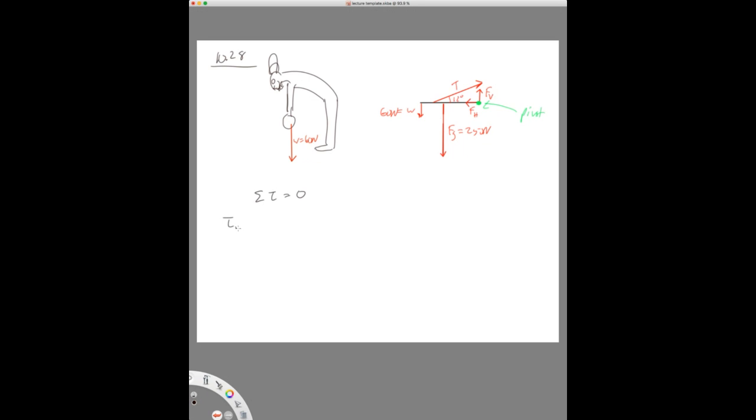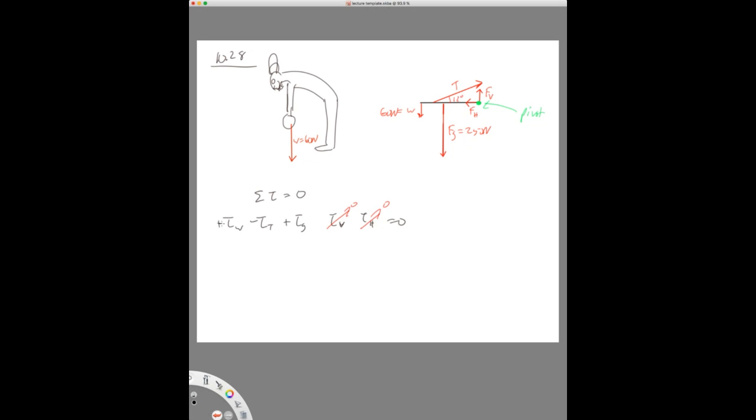So we're going to have torque W, torque tension, torque G, torque V, and torque H. But we know because of our choice of pivot that those two can cancel out. And furthermore, the torque from the tension is trying to bring things clockwise, so it gets a minus sign. The other two get plus signs.